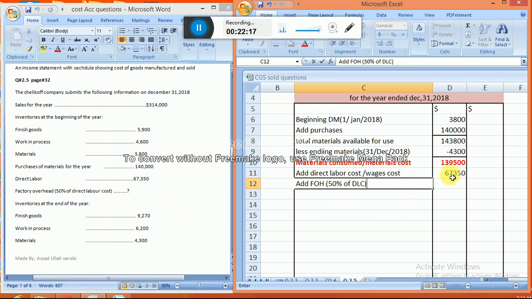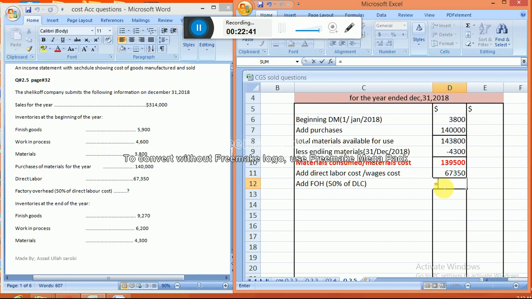How much is the direct labor cost? 67,350. This is our direct labor cost. So how can we find 50% of 67,350?